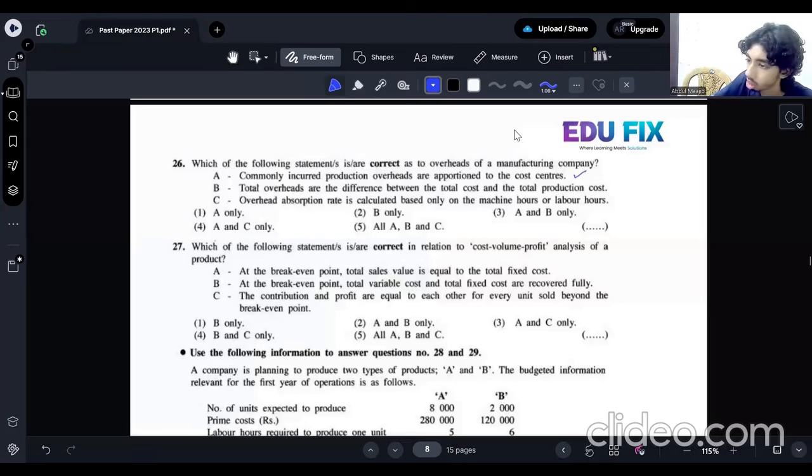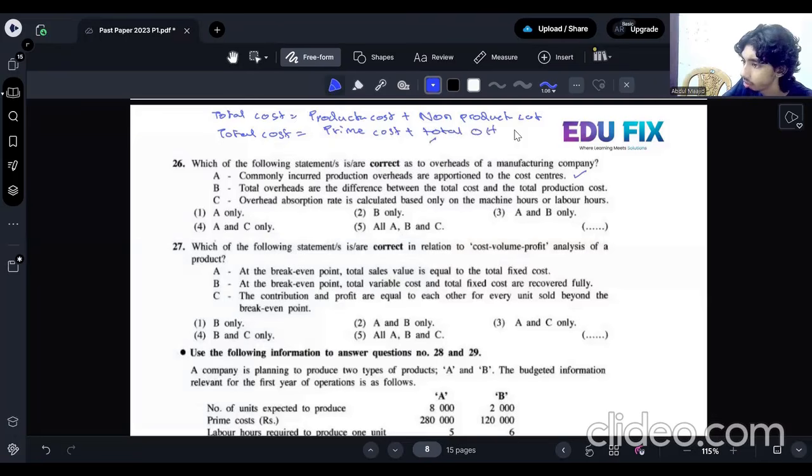No, it's either total cost equals production cost plus non-production cost, or total cost equals prime cost plus total overhead.